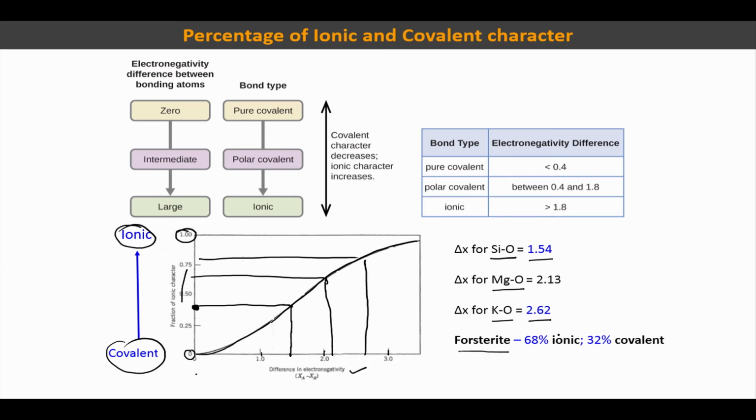So, from this you can easily calculate the ionic and covalent character in a particular mineral which is present in the earth's interior, and you will always get a mixed character.